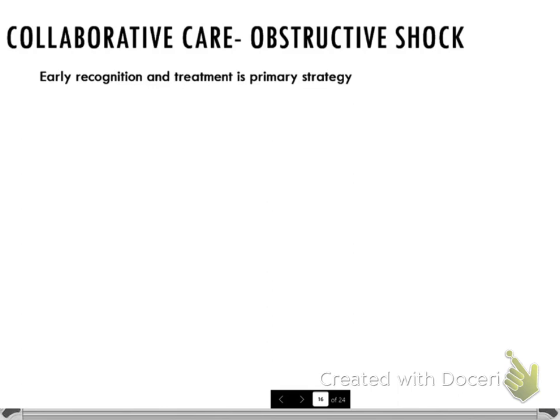If it's a PE, they could be doing thrombolytic therapy of some sort. If it's a mass, like the superior vena cava syndrome, it's a mass pushing on the whole area, so you're getting that same blockage with the heart. You would have to do some sort of radiation to remove that mass.